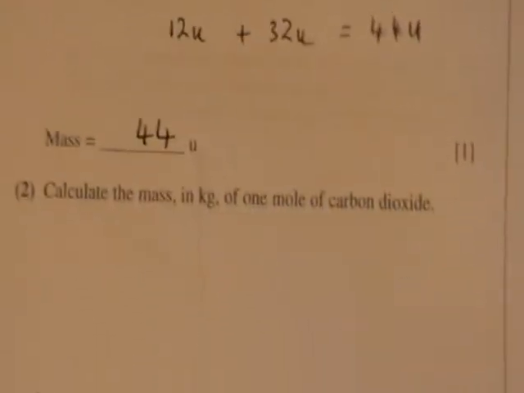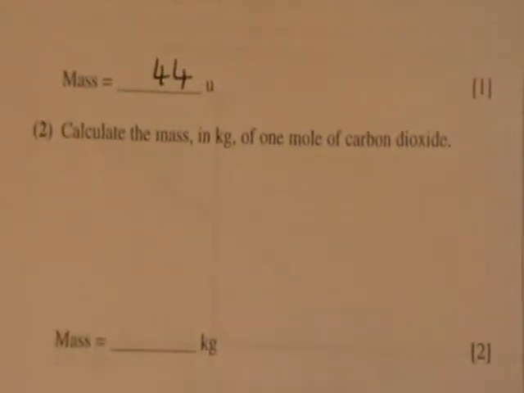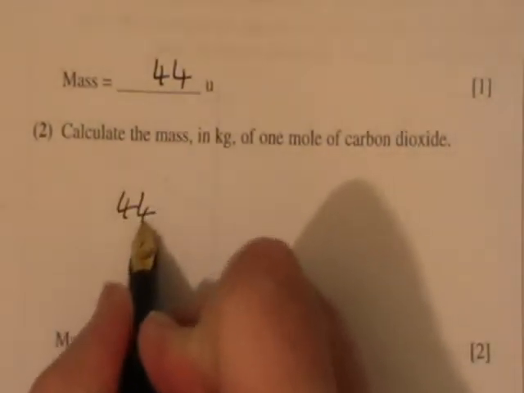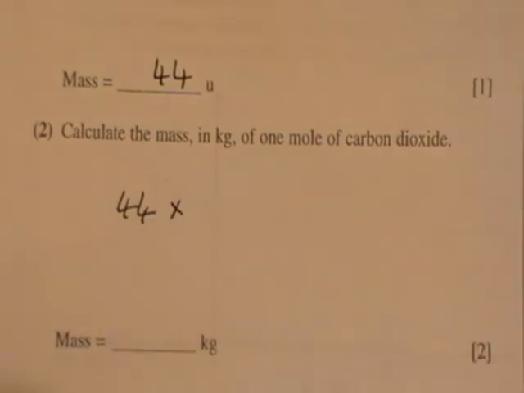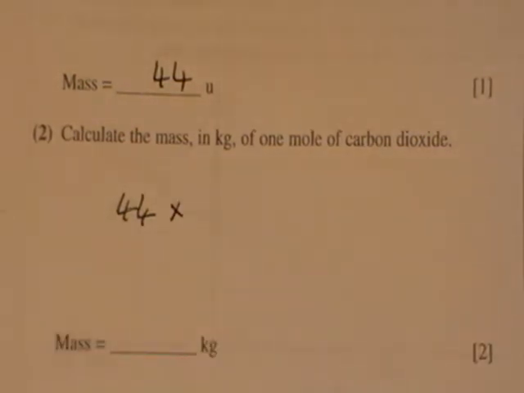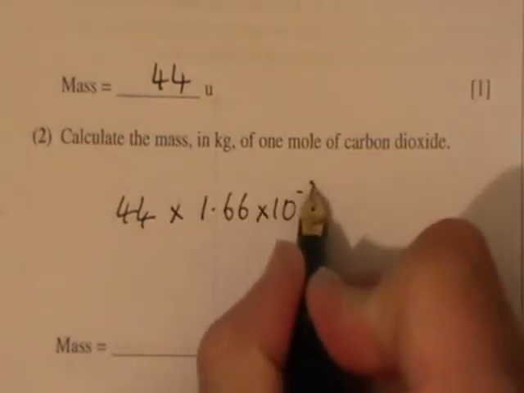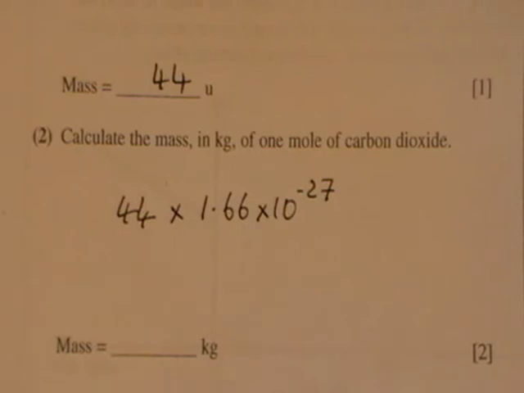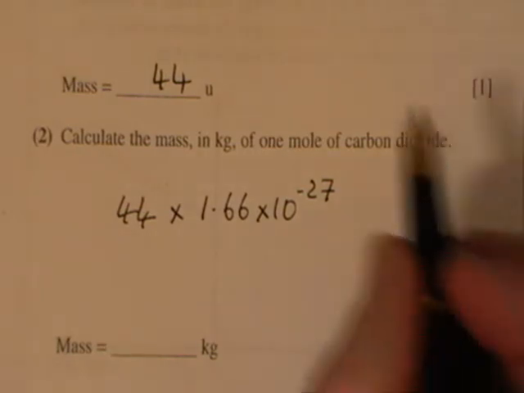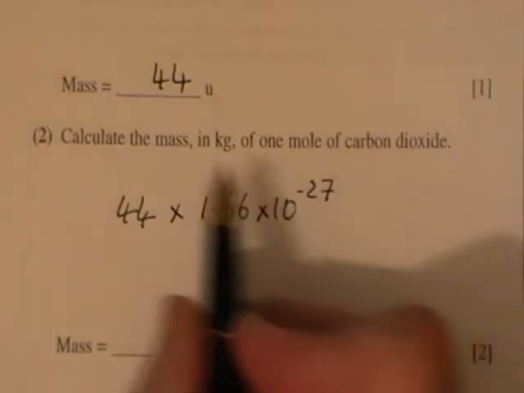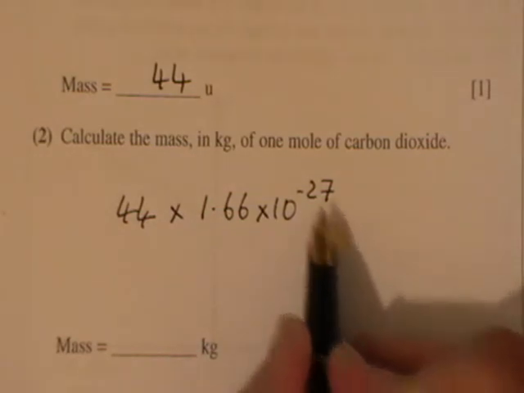It then asks us to calculate the mass in kilograms, so that's 44 times, and we look in our formula sheet and we multiply that by 1.66 times 10 to the -27, to change it into kilograms, and that gives us, sorry, that's for 1 molecule.